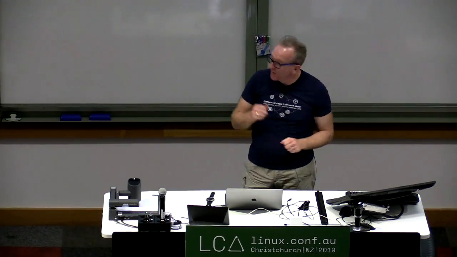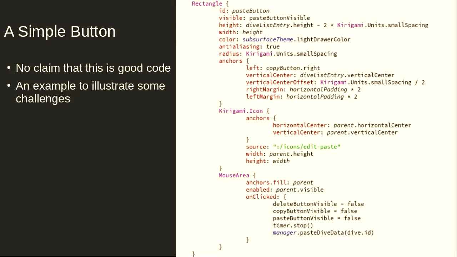And the other thing that you can see here, and you won't even notice, is you can interact directly with your C++ code. Who finds the point where I interface with my C++ code? Okay, yeah, that was about the speed of response that I expected. The very last line, manager.paste dive data, and you pass it in it.